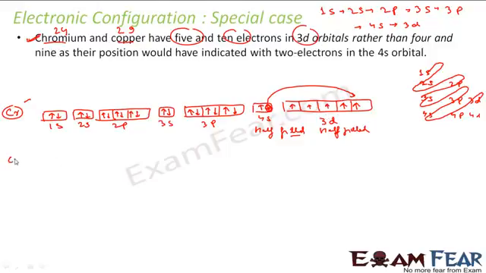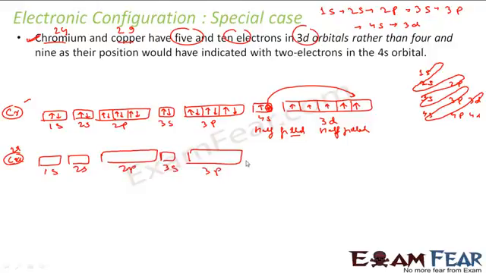We can take the same example of copper also. Copper has 29 electrons. Let's write for copper. Same as before: 1s, 2s, 2p, 3s, 3p, 4s, 3d, and p will have 3 orbitals.